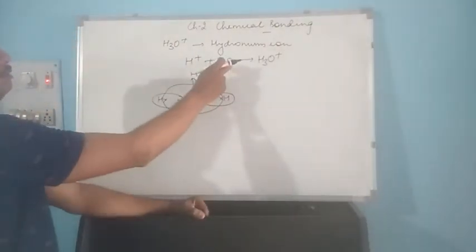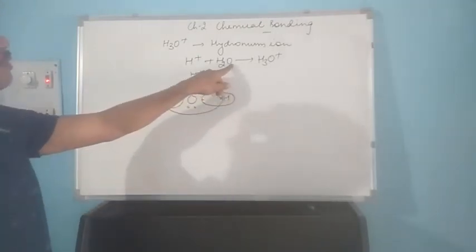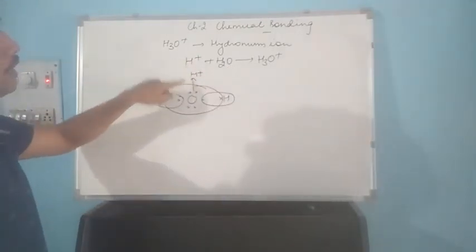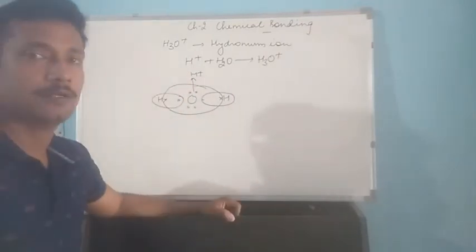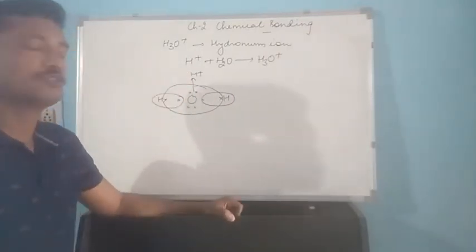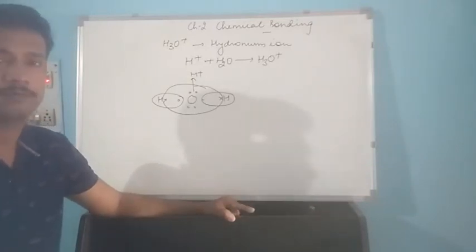So here you can see oxygen will have the lone pair of electrons which will be entirely given to hydrogen ion, and we are showing this with the help of an arrow mark where the lone pair of electrons is shown going towards hydrogen ion, forming coordinate bond.